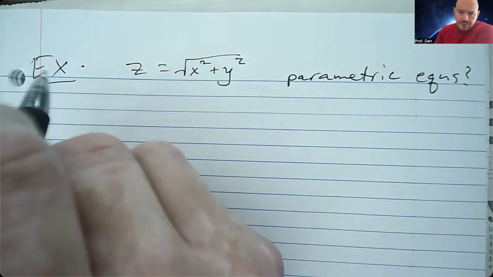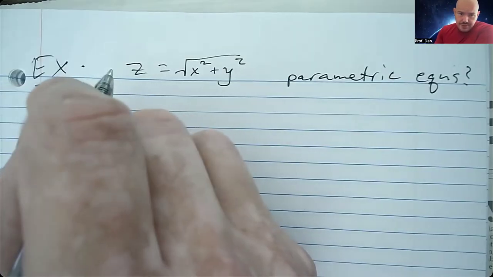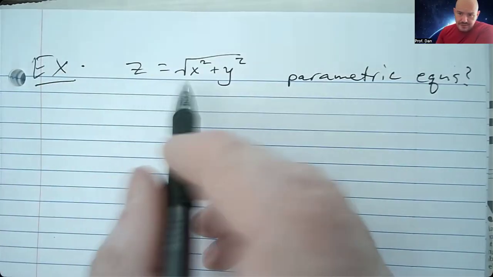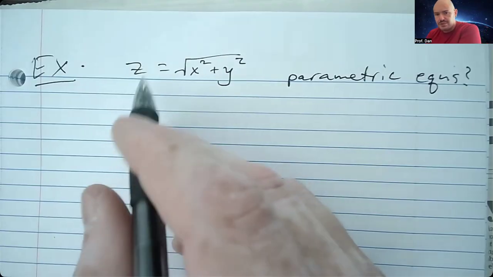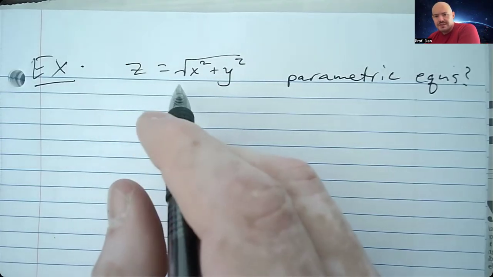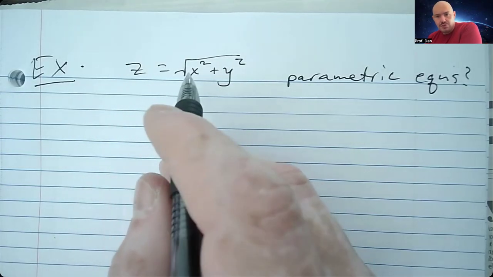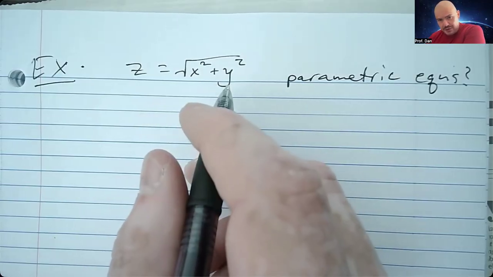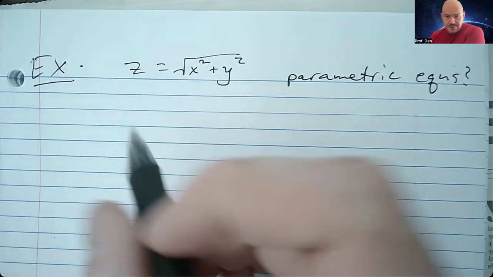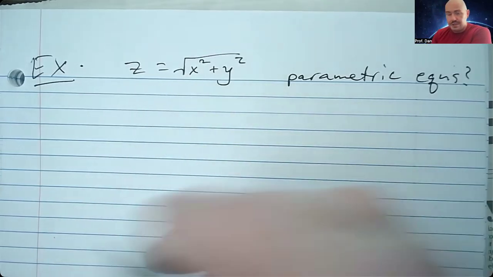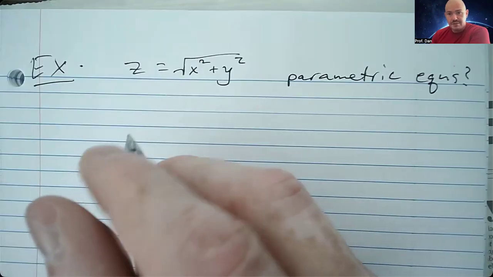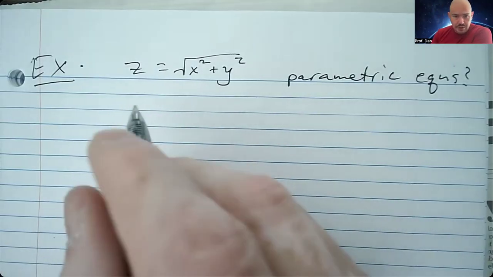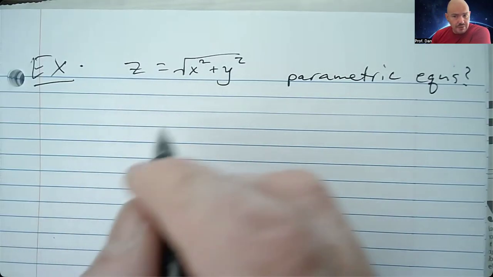So remember, when we write parametric equations, one of the things that we do is we look for the path of least resistance. So the easiest thing to do would be for me to let x be one of my parameters, let y be another one of my parameters. Because you saw in those other examples that we're parameterizing using two parameters because it's a surface. One parameter will give us a curve.